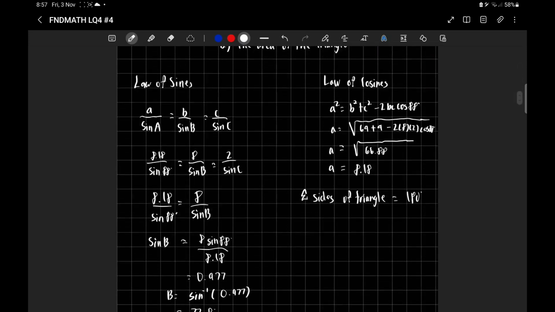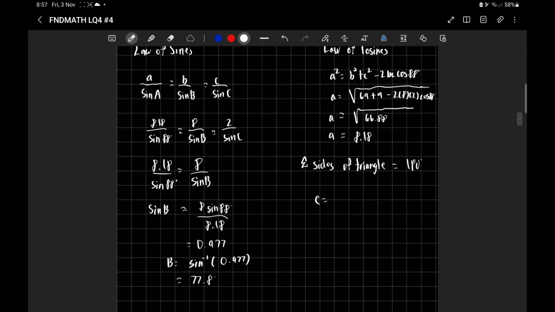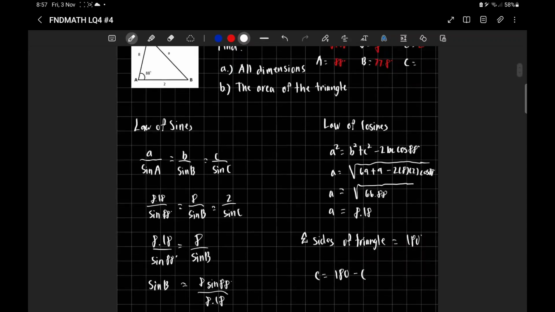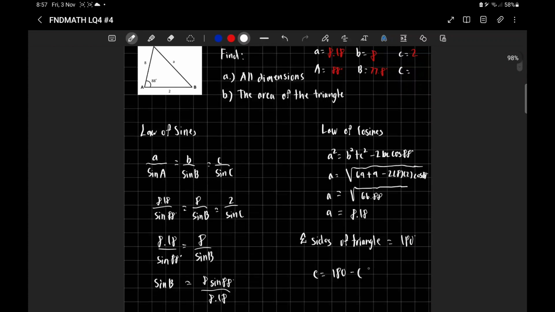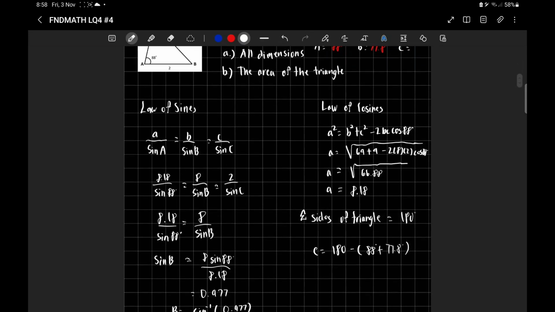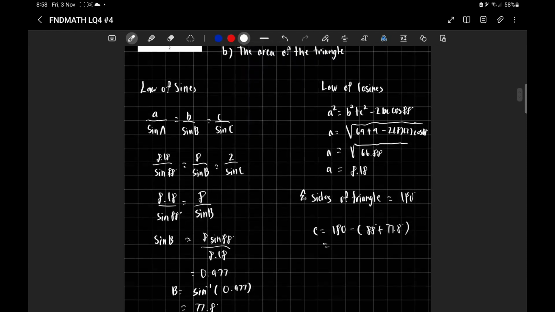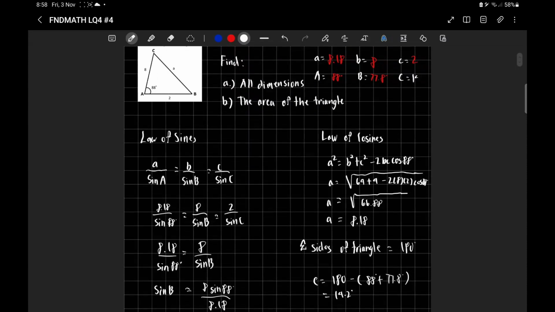We'll just do C is equal to 180 minus whatever A plus B is. So 88 degrees plus 77.8 degrees. 180 minus that, it's around 14.2. So C is equal to 14.2 degrees.